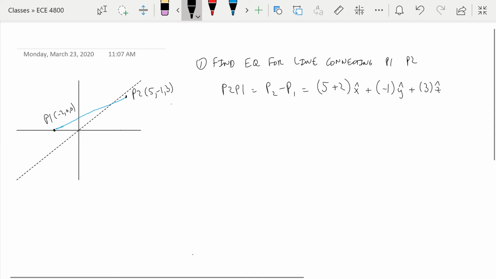Okay, so the next step is we're going to parameterize this line according to a parameter t.